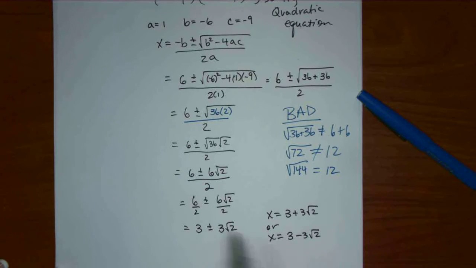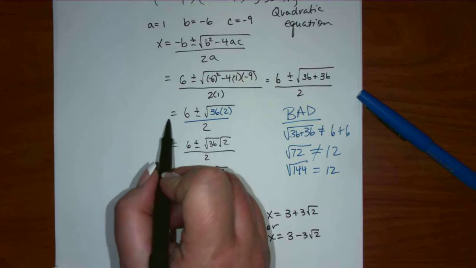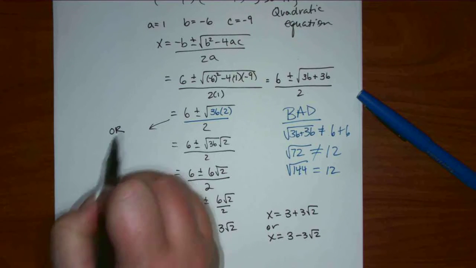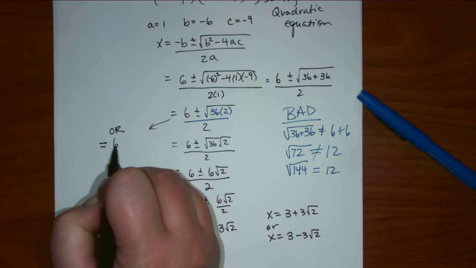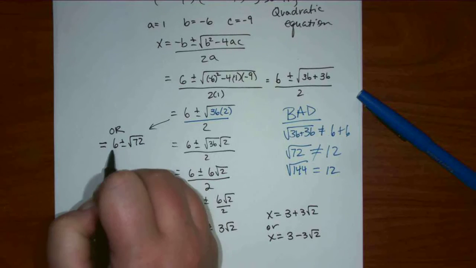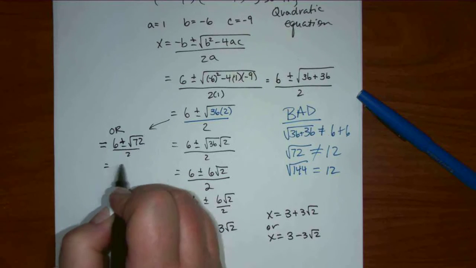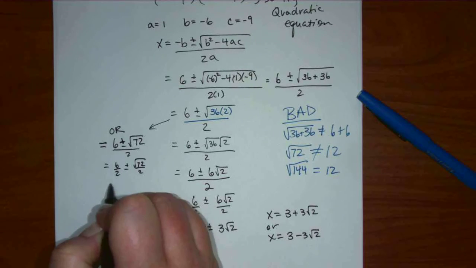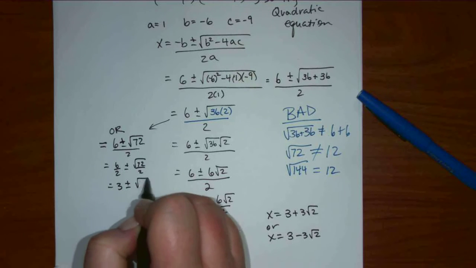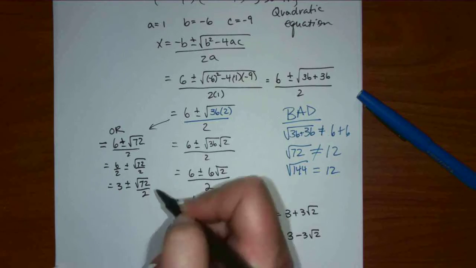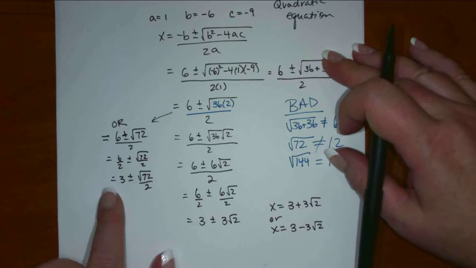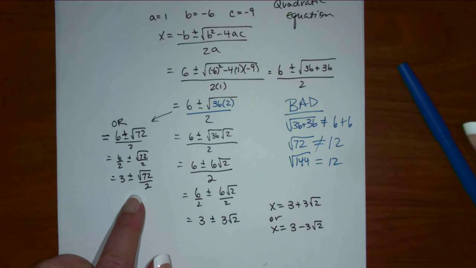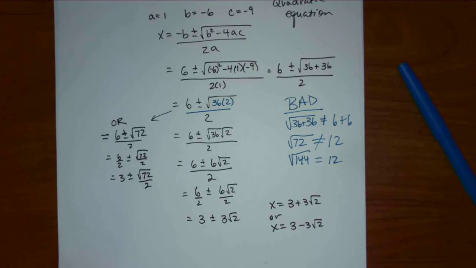So you could just leave it like that and not notice that it simplifies more, okay? So it would be okay to do that. They're both the same answer, just one is simplified more than the other.